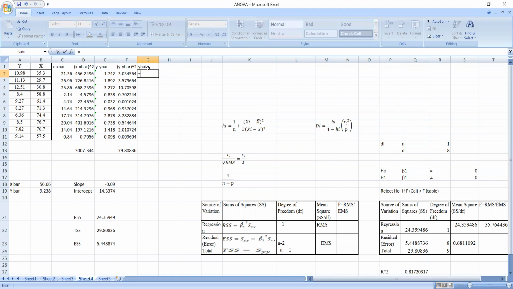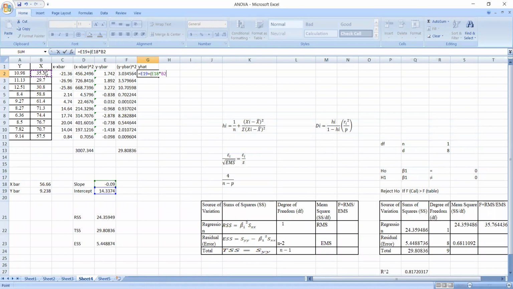How do we calculate the y hat values? We have to substitute the original x values into the estimated equation, or the estimated model, to calculate the y hat value. So y equals beta naught, which is 14.33, plus beta 1, which is minus 0.09, times the original x value.